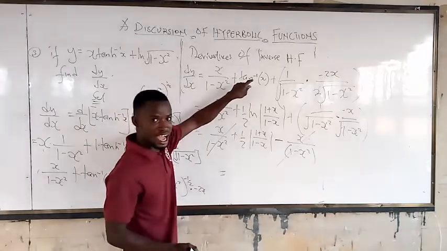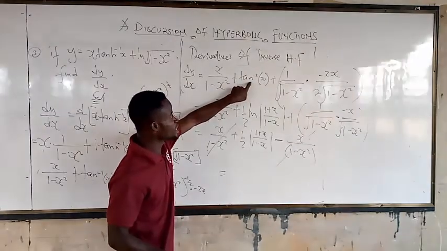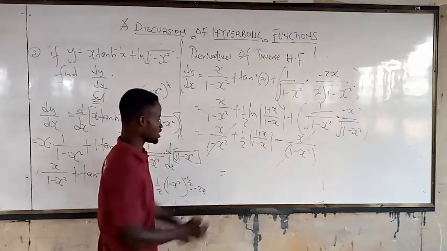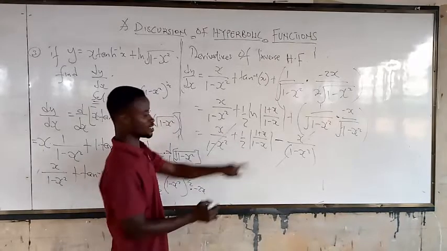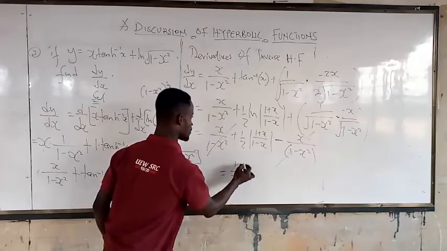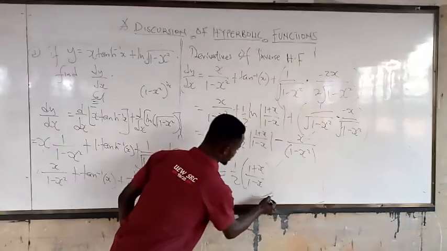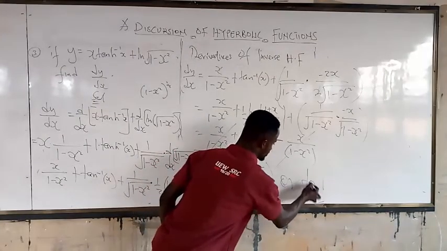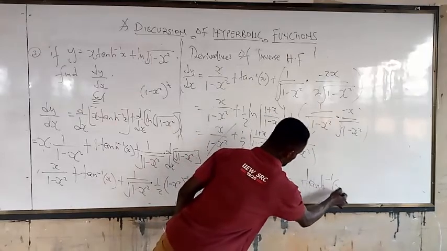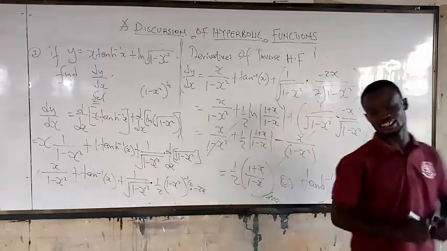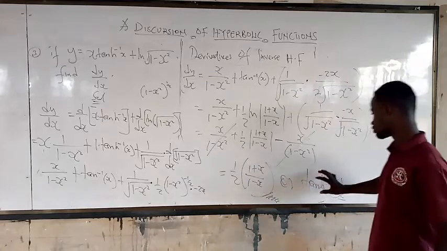If I should have maintained it here, we're going to get tan inverse, and that tan inverse is the same as this. So here we get half ln of (1 plus s) over (1 minus s). So that's going to be the end result, or tan inverse of s. So in case, let's say, in an OBJ question you don't see this, and you see this, you go for it.